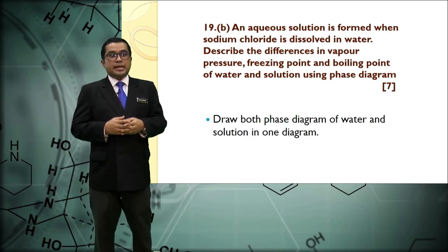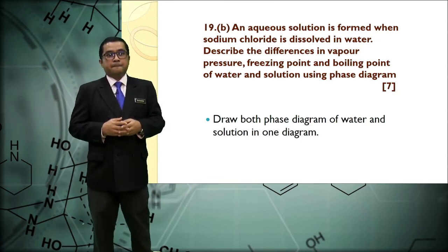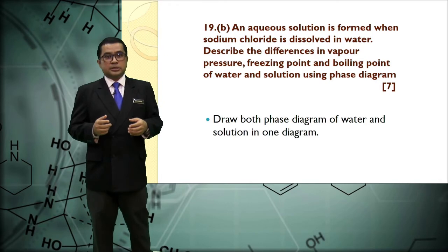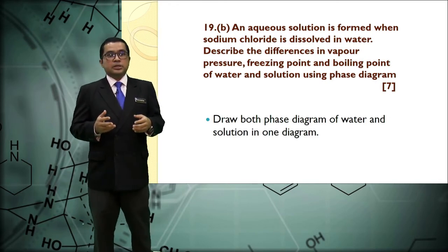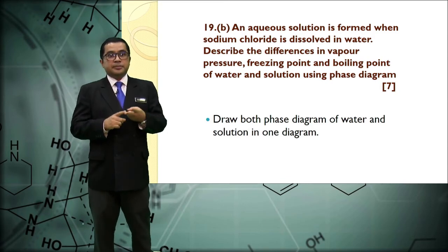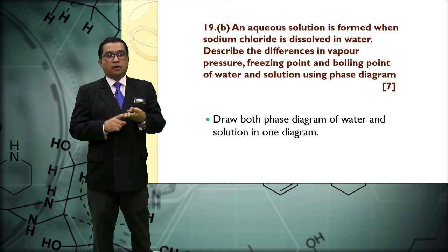The next question is 19b. An aqueous solution is formed when sodium chloride is dissolved in water. I repeat, an aqueous solution is formed when sodium chloride is dissolved in water. Describe the differences in vapor pressure, freezing point, and boiling point of water and solution using a phase diagram.